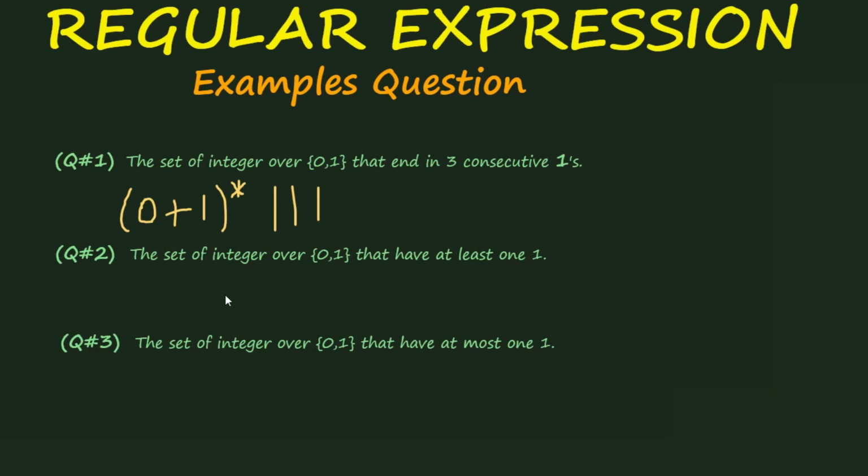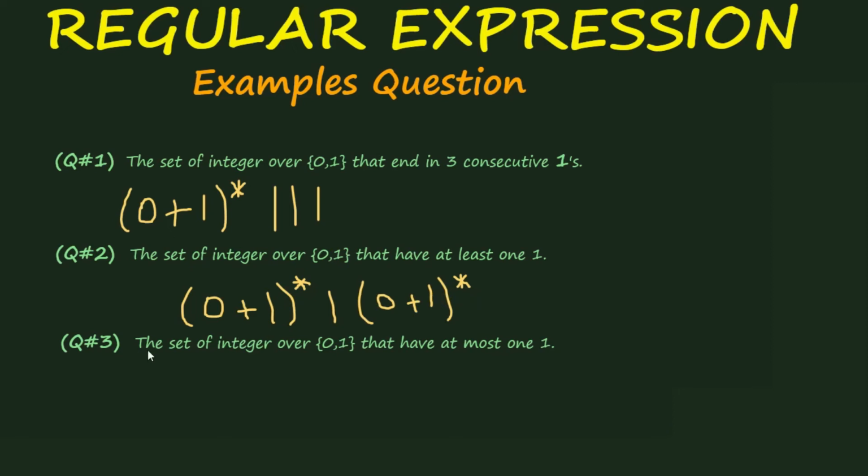At least one 1 means ones come 2 times, 3 times and many times, but at least 1 time. 0 plus 1 and Kleene closure, then 1, then bracket 0 plus 1 and apply Kleene closure. 0 or 1 comes before 1 many times and after once many times, but 1 comes at least 1 time. This is the answer of question number 2.